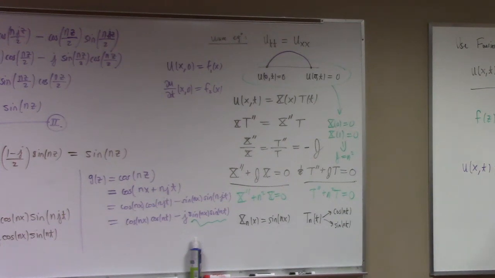Is it sine x cosine of t? So here, does this give us u of x comma 0 equal to sine x, and also partial u, partial t at any x at time 0 is 0?